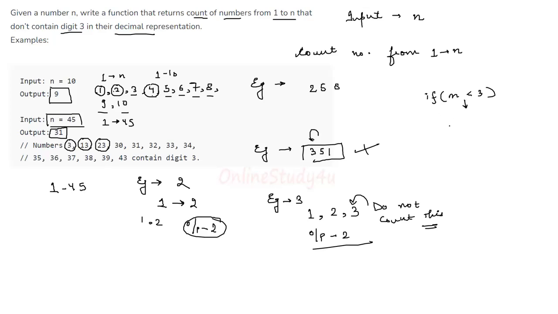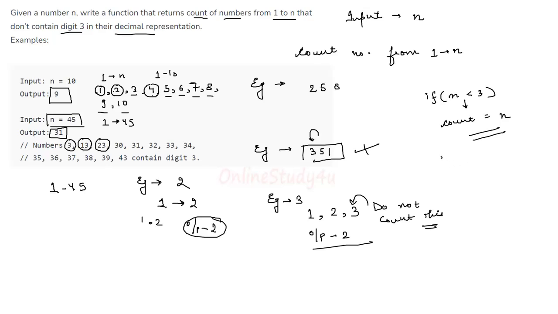So in that case, your count of numbers will be equal to n because you are not including 3. 3 will be the first number that will have digit 3 in its decimal representation.